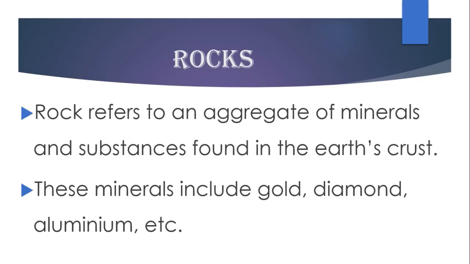So substances such as fossils, dead organic remains, plants and animals decomposing and decaying, soil, you have all these materials coming together to form a rock. So we refer to it as an aggregate of minerals and substances which are found in the Earth's crust. Now, these minerals include gold, diamond, aluminium, and all the minerals you can think of.